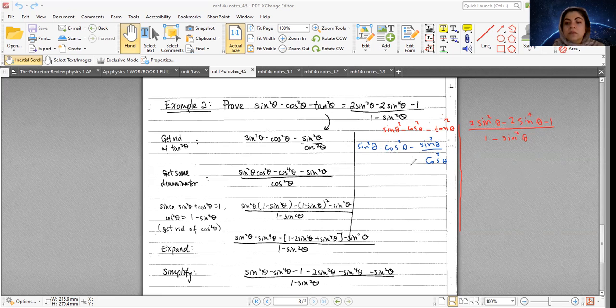Now I'm taking a common denominator. The denominator for these two terms is 1. Means I need to multiply numerator and denominator by cosine power 2 theta, right? So multiply the numerator by cosine power 2.